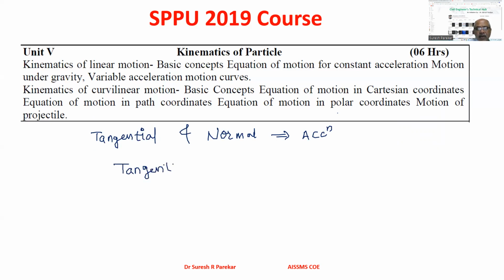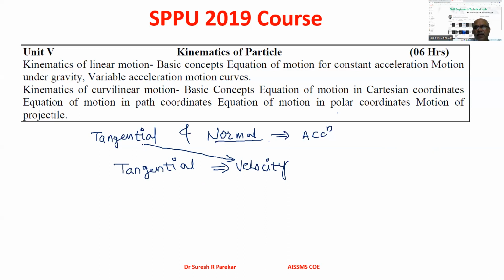The velocity is tangential. Do not confuse: as we have two accelerations, velocity should be two? No. Tangential acceleration deals with tangential velocity. So whatever change there is in the velocity, that change is due to tangential acceleration.